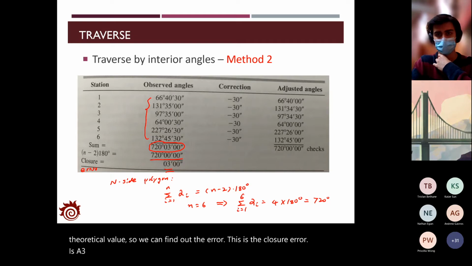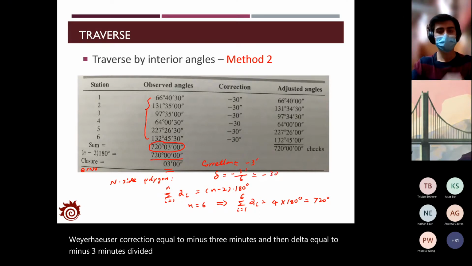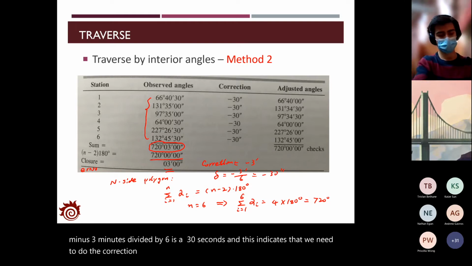So we will have the correction equal to -3 minutes. And then delta equal to -3 minutes divided by 6 is -30 seconds. And this indicates that we need to do the correction for each interior angle.